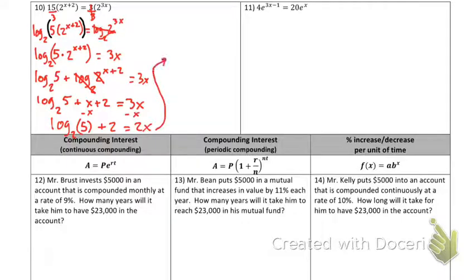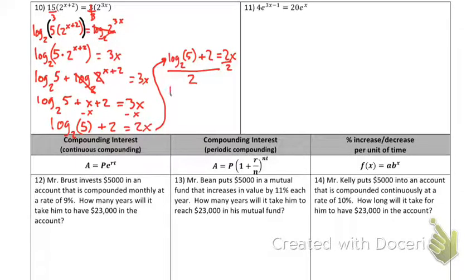Let's go ahead and continue this up here. So we have log base 2 of 5 plus 2 equals 2x. So now, again, we want to solve for x. To get x by itself, I just got to divide by 2. So all this is going to be divided by 2.